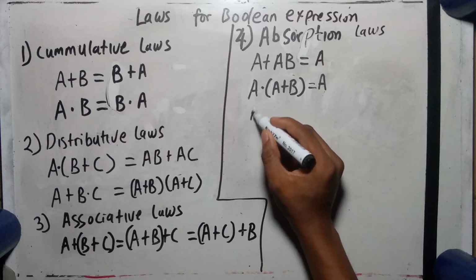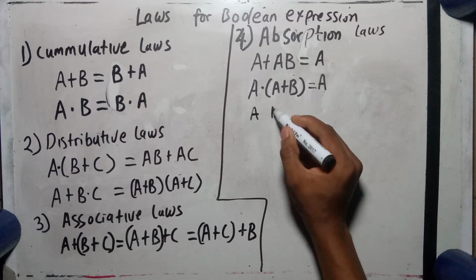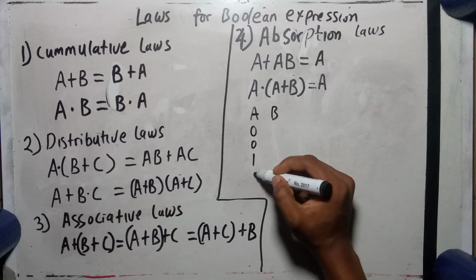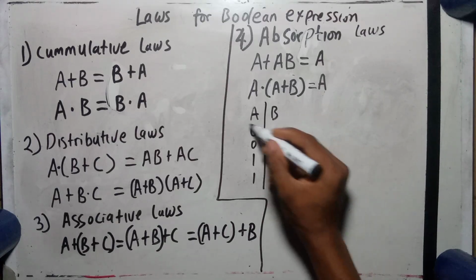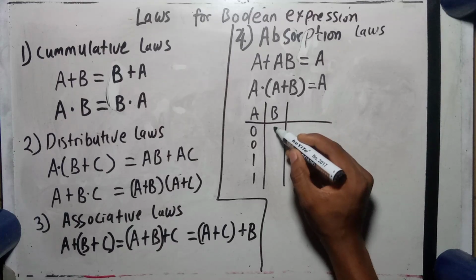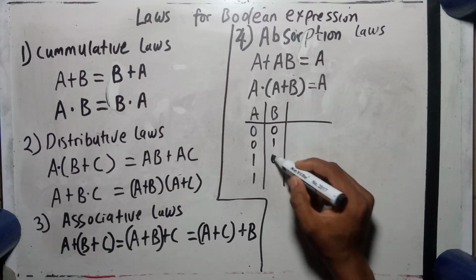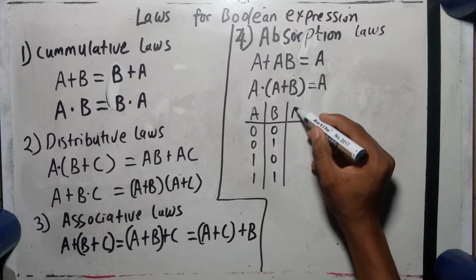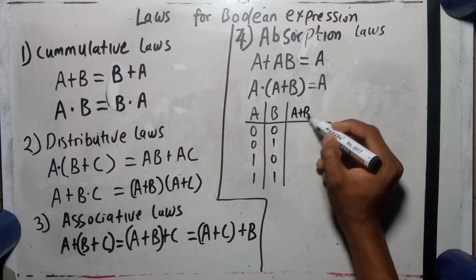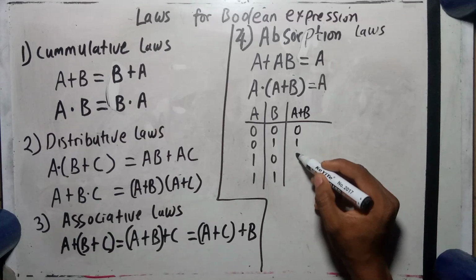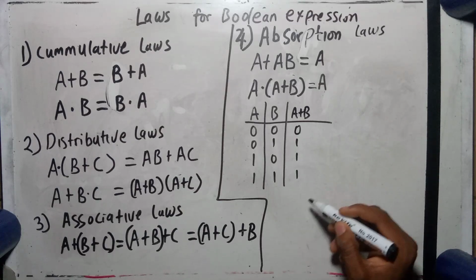We have our A and we have our B. 0, 0, 1, 1. Just draw a line to indicate it is a table. So we have 0, 1, 0, 1. And A plus B will give us 0, 1, 1, 1.